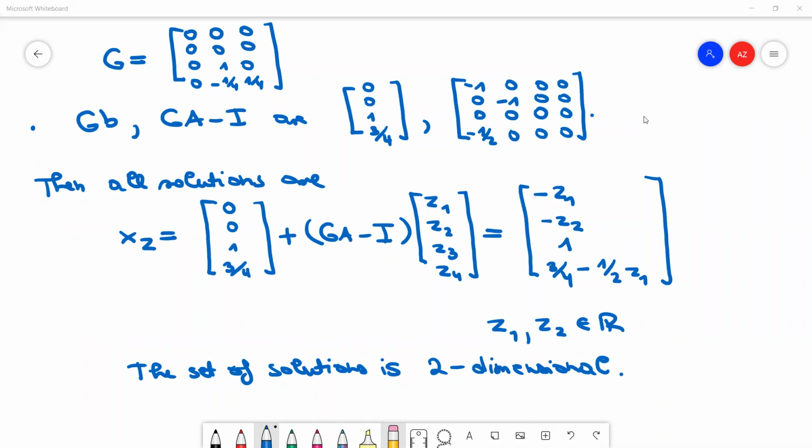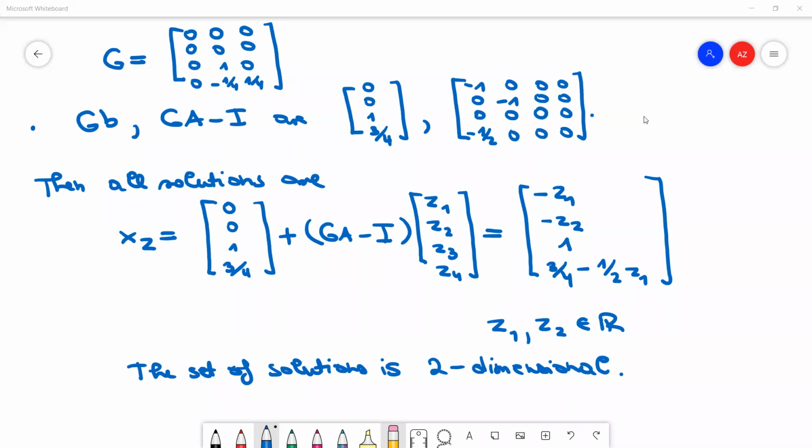And the last thing which we did is, when the system AX equals B is solvable, then one of the solutions is GB, where G is any generalized inverse of A. And we were also able to describe all solutions of this system.